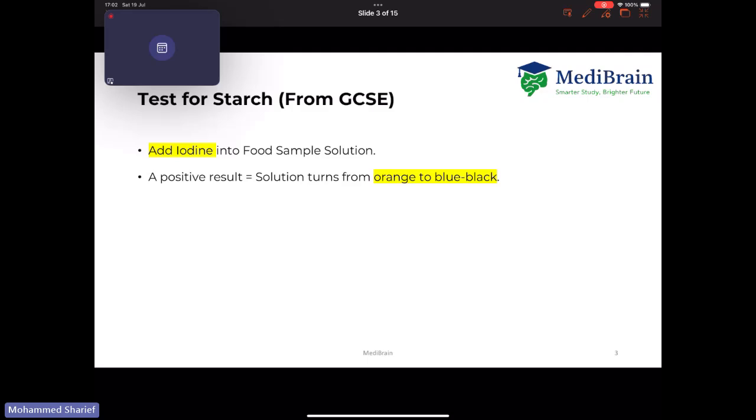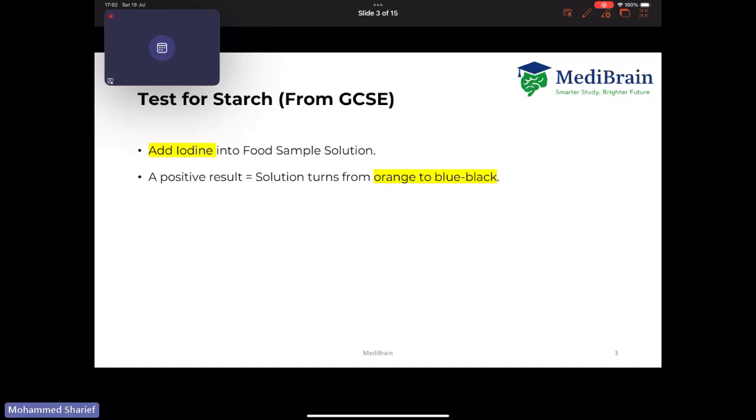It's the same as GCSE, and I've highlighted the key points there. You have to add the iodine, and then observe the color change from orange to blue-black.